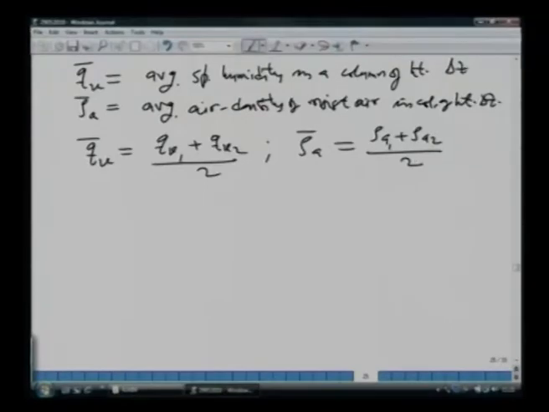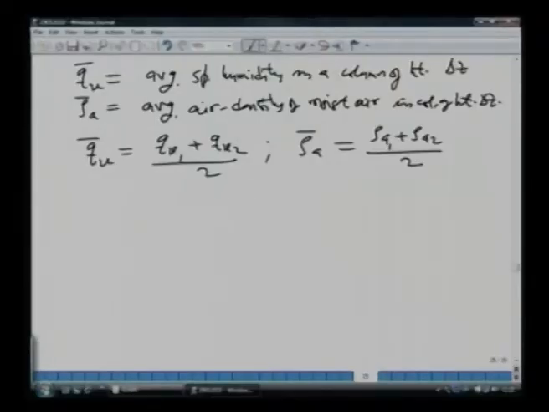Now, how do we find this QV1, QV2, rho A1 and rho A2? We have already solved an example in which we have seen how we can do some of these things. For example, let us say rho A1. We know that rho A is given by P over RAT, the ideal gas law.